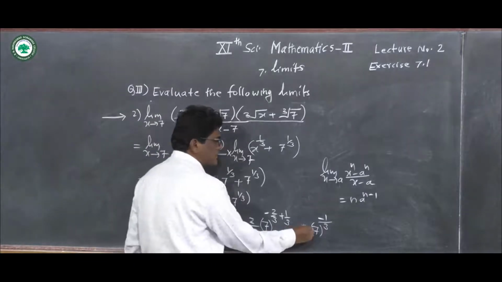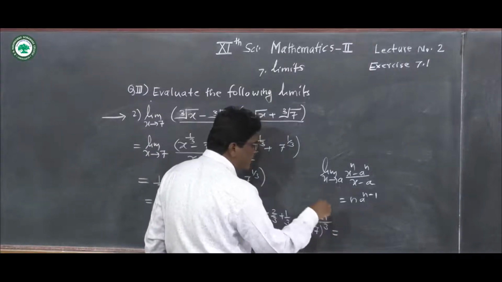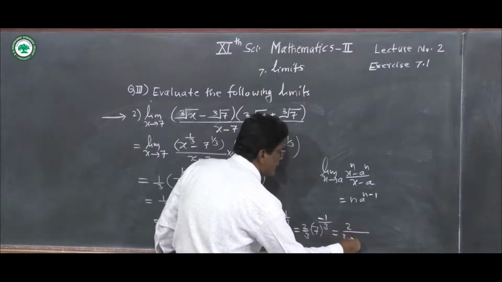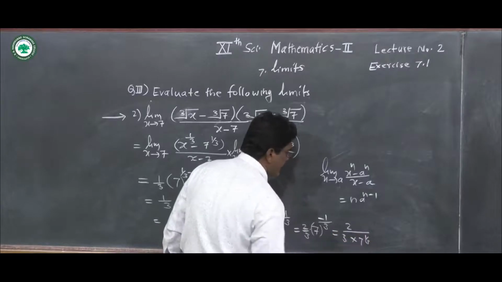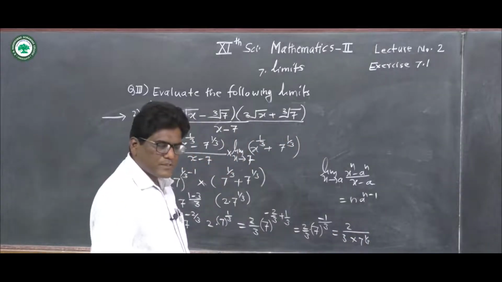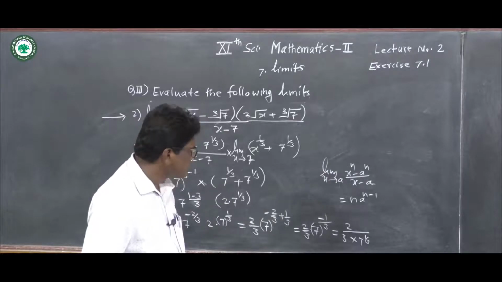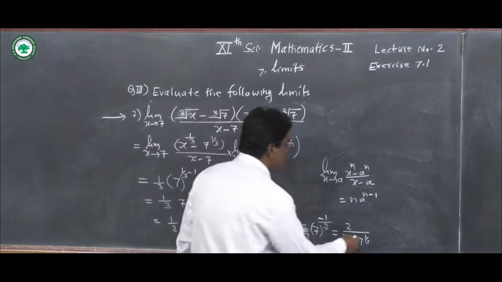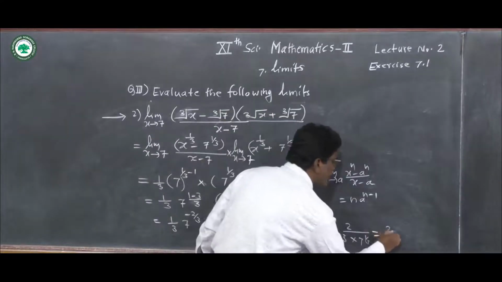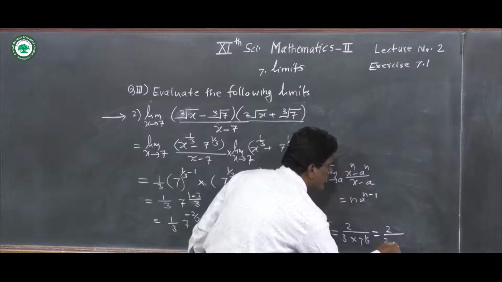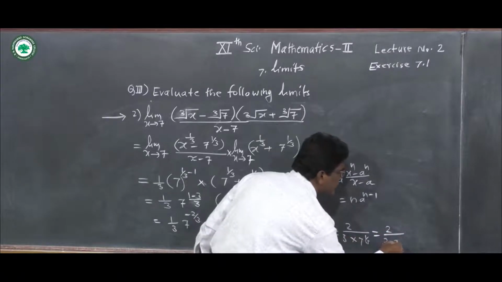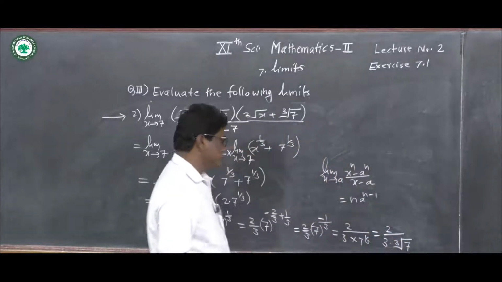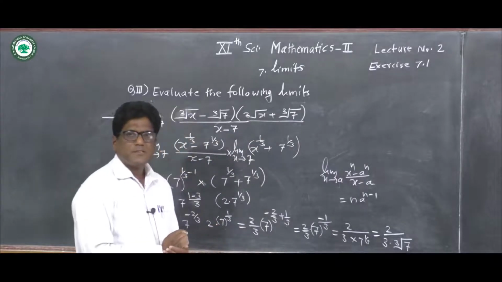The final solution: the negative power we write as positive by taking it to the denominator, so it is 2 upon 3 into 7 to the power 1 by 3, that is 2 upon 3 into the cubic root of 7.